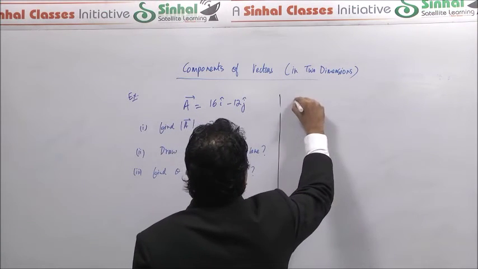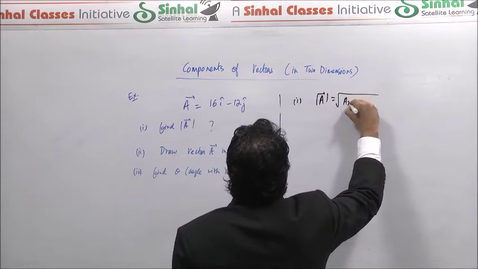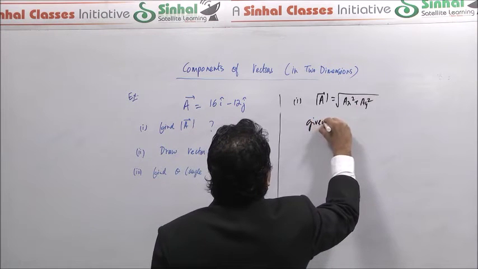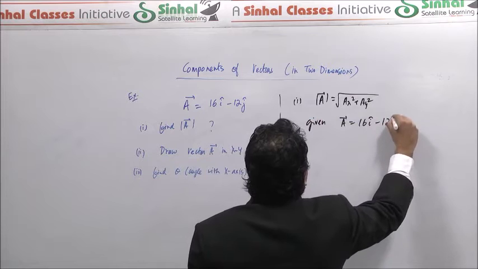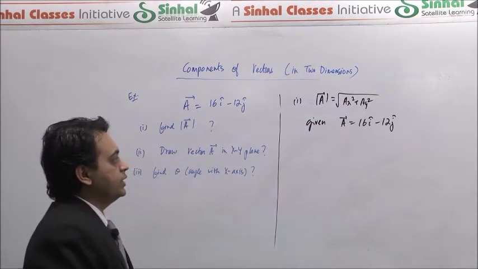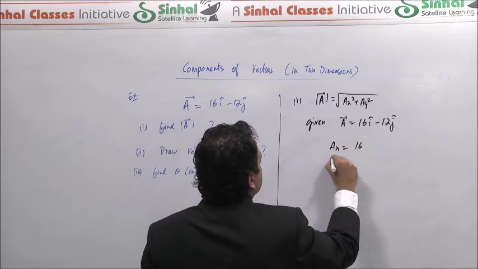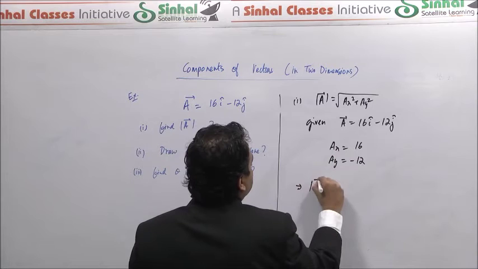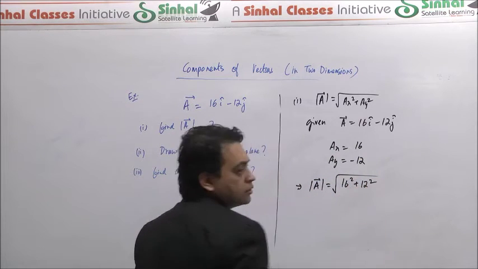You can see here the first part, magnitude of the vector E would be square root of Ex square plus Ey square. Now given that the vector E is 16 i cap minus 12 j cap, you can quite easily see that Ex is 16 and Ey is minus 12. So the magnitude of E would be square root of 16 square plus 12 square.